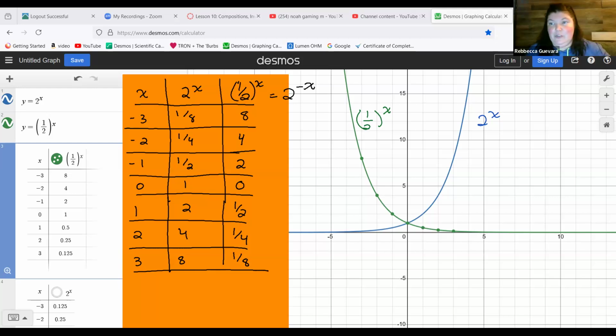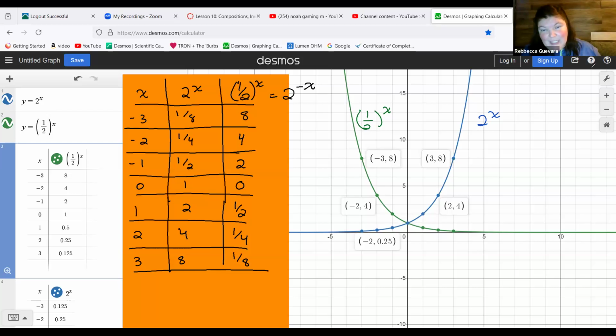Let me turn on my points over here. This point that we originally had at 3, 8 now becomes -3, 8. So this is just a reflection over your y-axis. That means my x's change from positives to negatives and negatives to positives. This point I had at 2, 4, now I reflect over here to -2, 4.